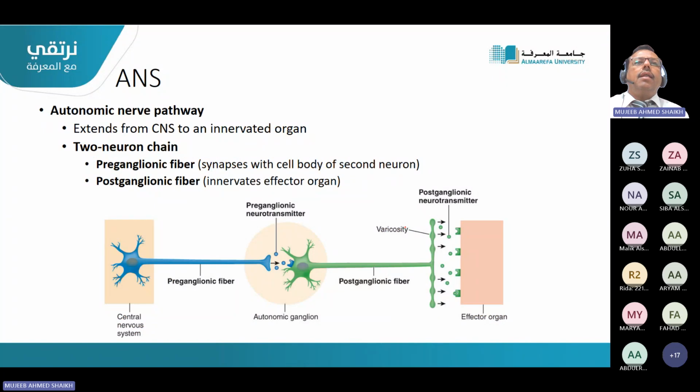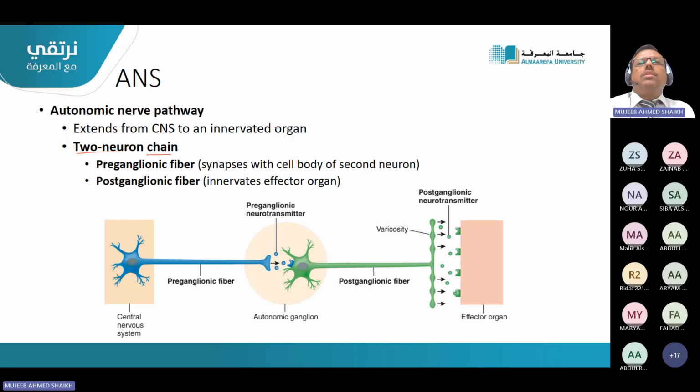Okay, let us see the anatomy of the autonomic nervous system, how the structure is. The autonomic nervous system extends from the CNS to the peripheral organ. It originates from the spinal cord or brainstem and then supplies an organ or muscle. It is a two neuron chain.